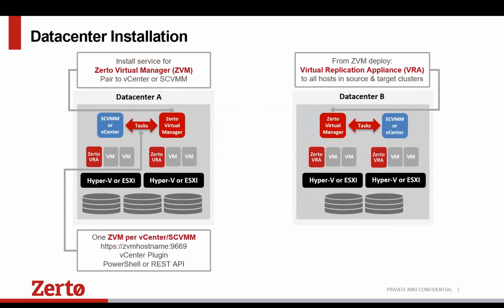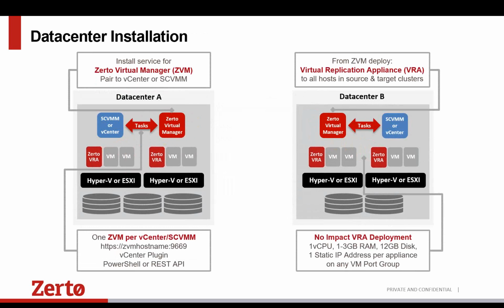The reason that we recommend 1 on each host is so that you get all of the support for VMware features and Hyper-V features, i.e. migration of VMs between hosts, so that we can continue the replication as you move virtual machines around your infrastructure. And the reason we have 1 appliance per host is to create a simple, scalable architecture, because the larger the environment, then you simply increase the number of replication appliances and you increase the replication horsepower available.